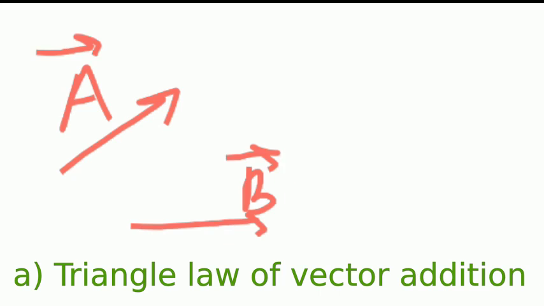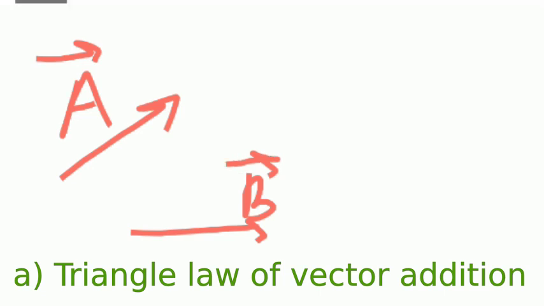Now suppose there is vector A and there is another vector B, and they are of the same dimension. This is obviously the first condition. So we can add them. How can we add? What the triangle law suggests is, we put the first vector, with this as the tail of the first vector and this as the head of the first vector.